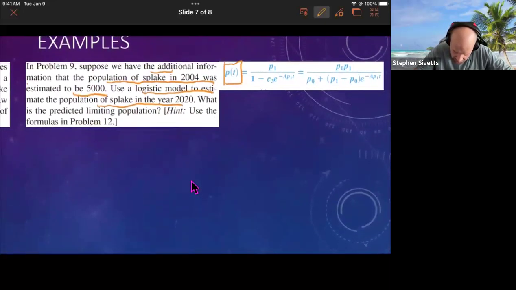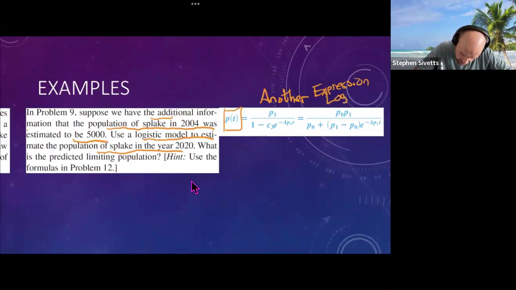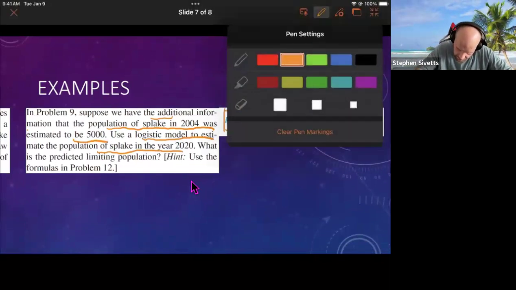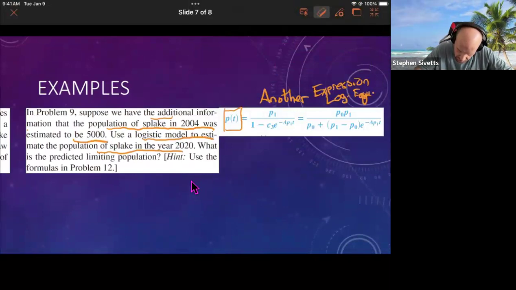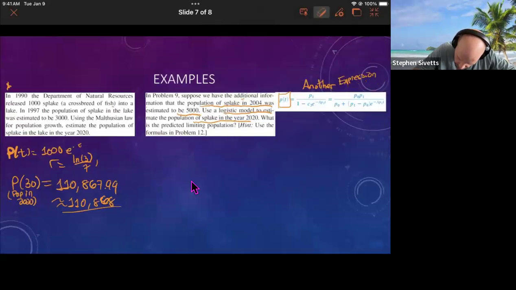P0 and P1 are different populations. All right, so this is another way to formulate, another expression for the logistic equation, the logistic differential equation, right?